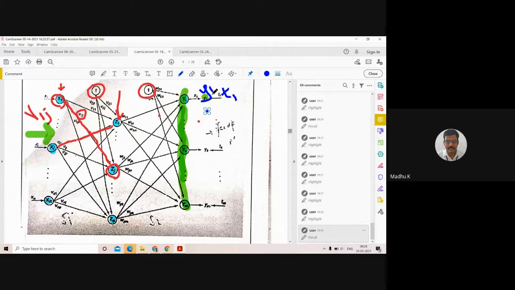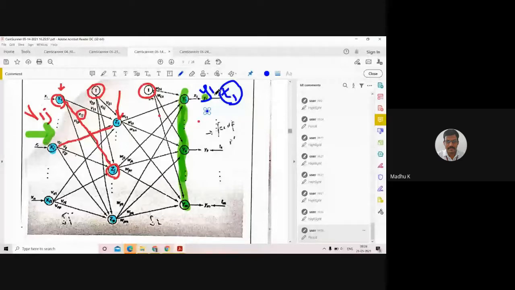So y1 is compared with t1. What is y1? y1 is the output produced after an input is applied. t1 is the target. If they are equal, no problem, we got the expected result.